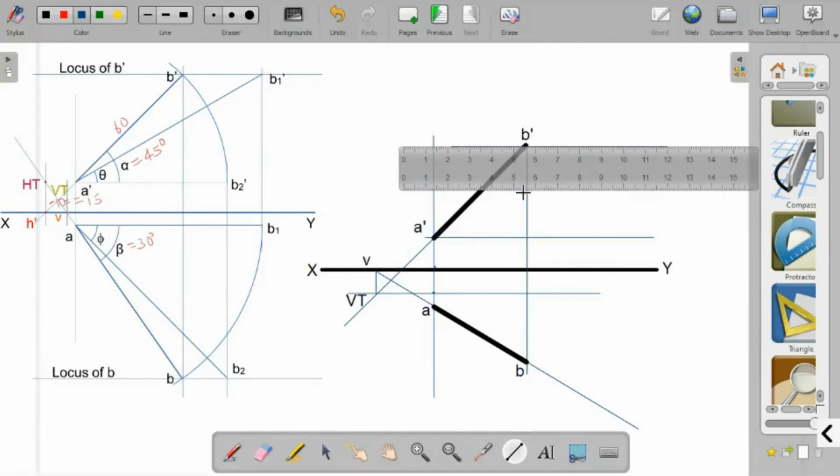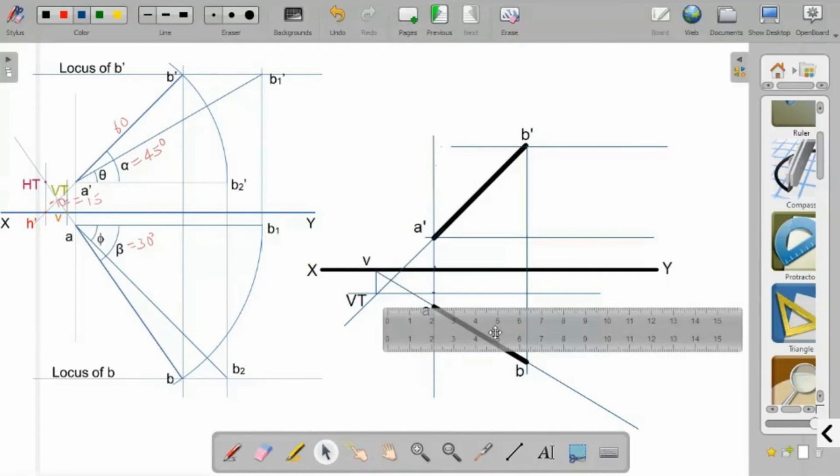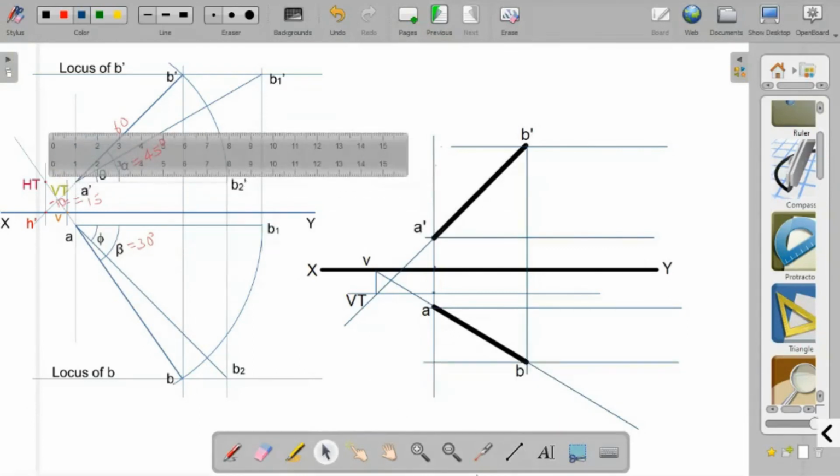Locus of B dash, then locus of A, locus of B, etc. So this is locus of B. Then this is locus of B dash.